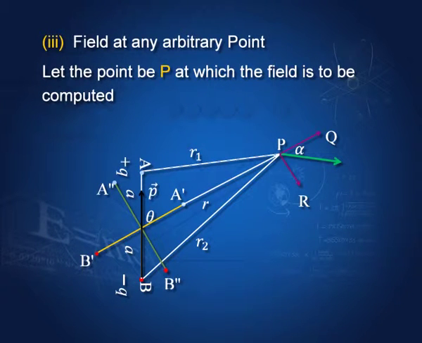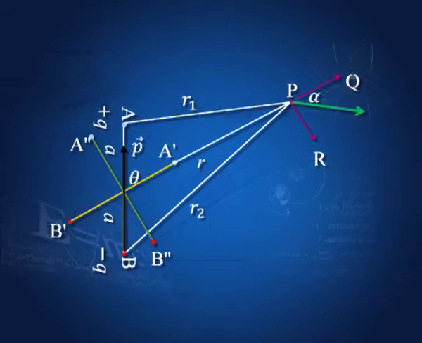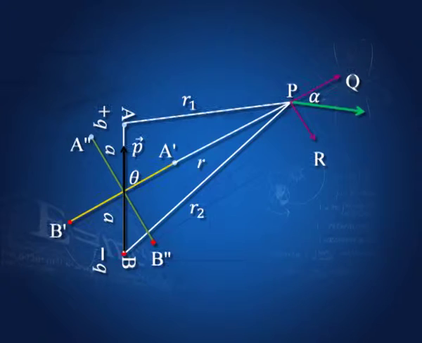At any arbitrary point, what we do is take the components of the dipole moment in this direction and in this direction. For this component, the point is on the line bisecting the dipole, that is the first case. For the other component, P lies along the line of the axis. Since we have found the fields on a perpendicular line as well as along the axis of the dipole, we can use those results and add.